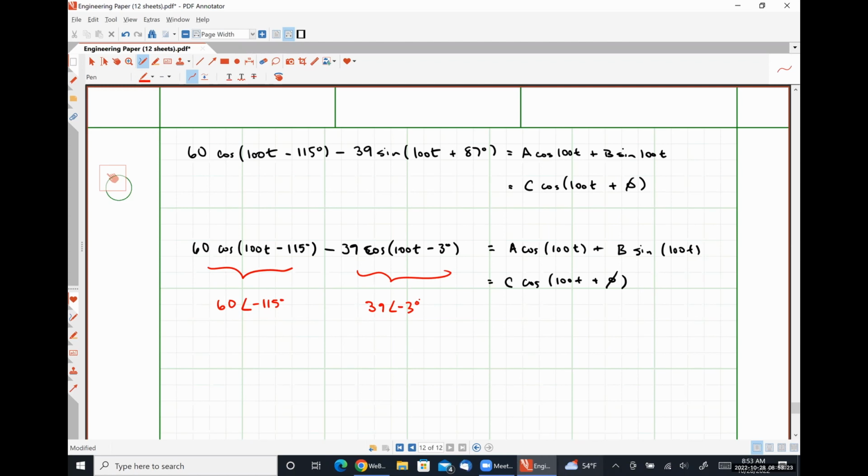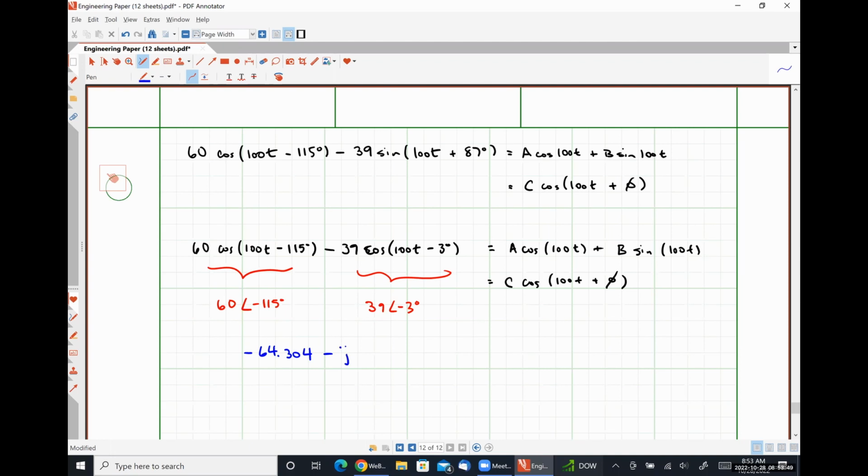So 60 angle negative 115 minus 39 angle negative 3 comes out to be negative 64.3036. So let's just round that to 4.